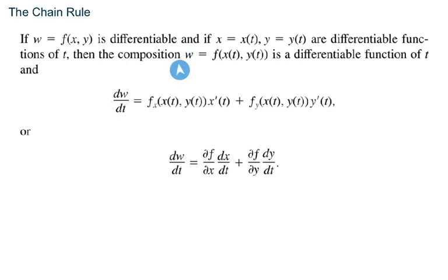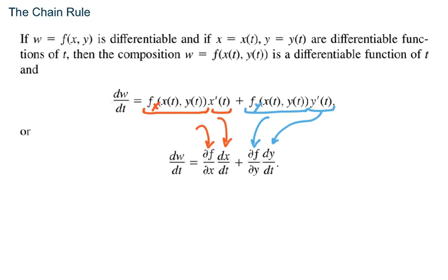So the derivative of w with respect to t, and this is a little cramped, is the partial with respect to x times the derivative of x with respect to t, plus the partial of that multivariable function with respect to y times the derivative of y. Or rather, partial of f with respect to x, derivative of x with respect to t, partial of the function with respect to y, and the derivative of y with respect to t.